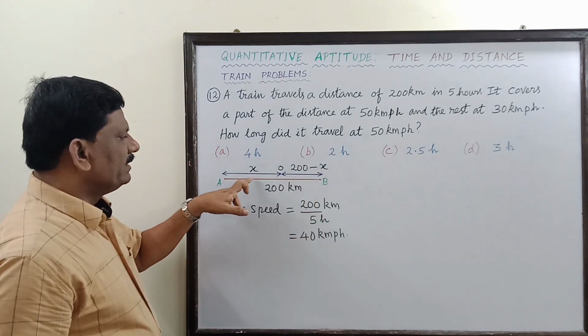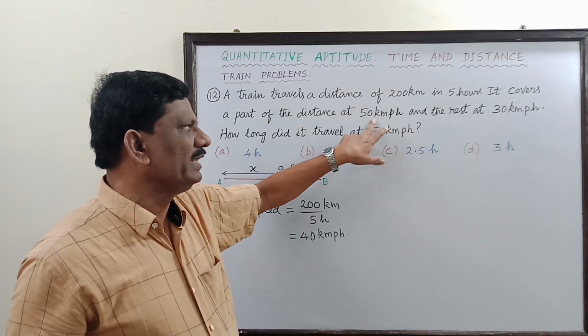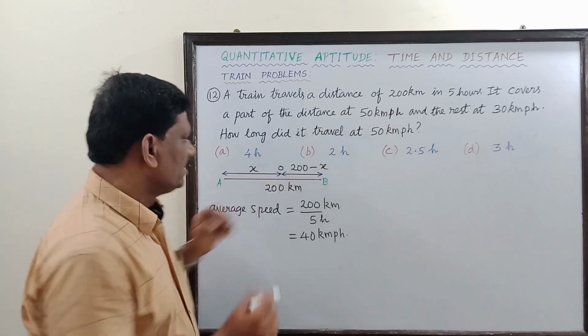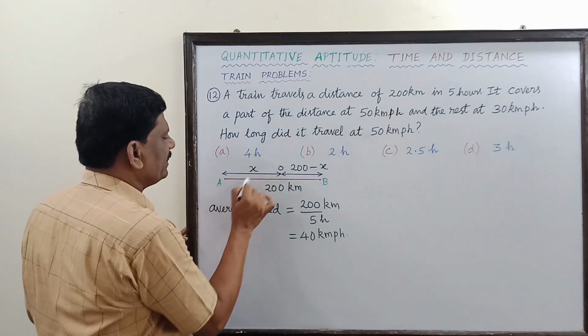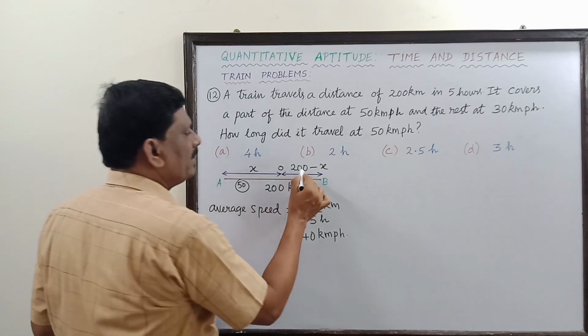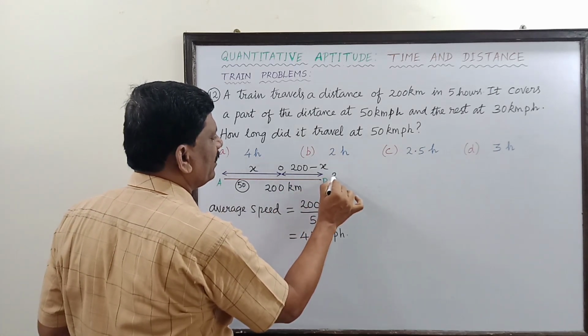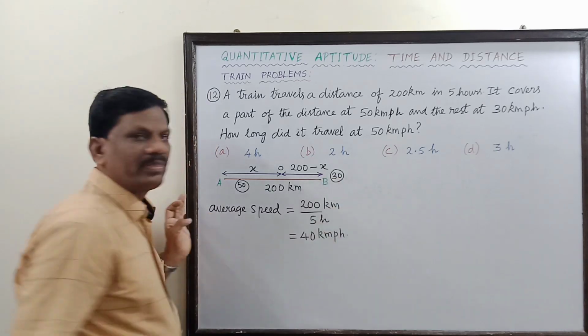So this x kilometers distance, it is traveling at a speed of 50 km per hour, and this 200 minus x, it is traveling at a speed of 30 km per hour.